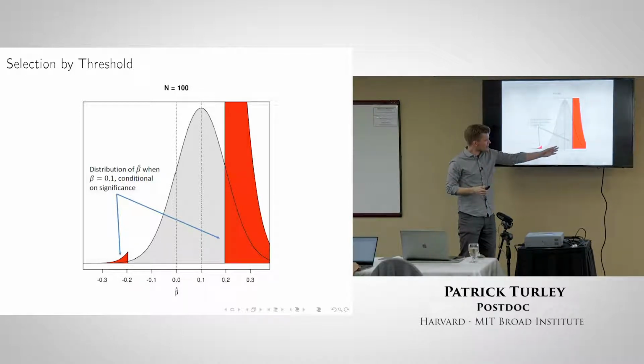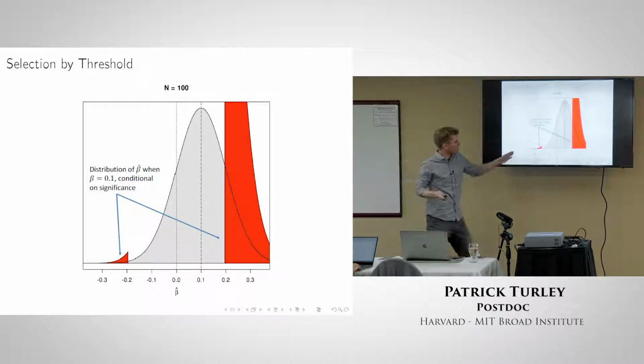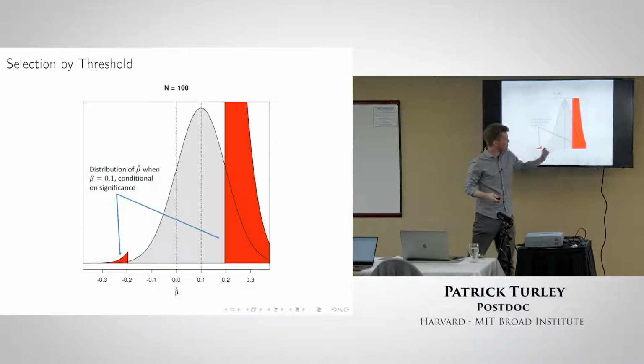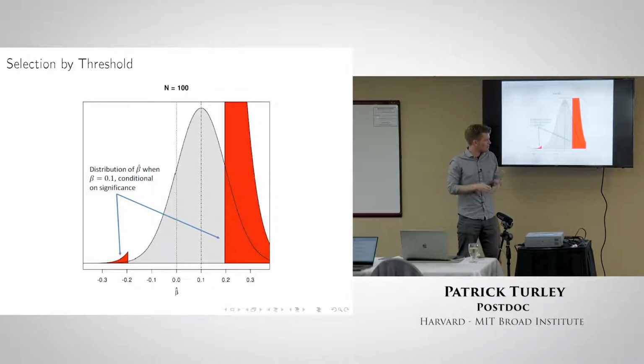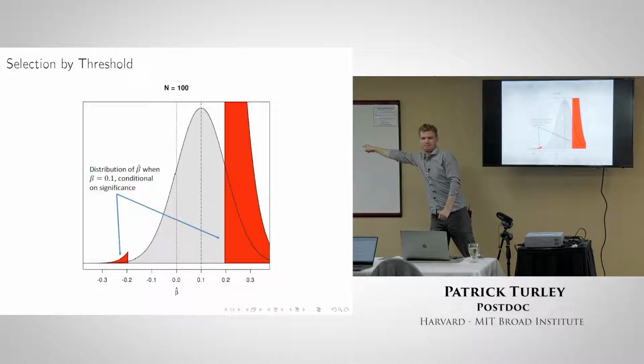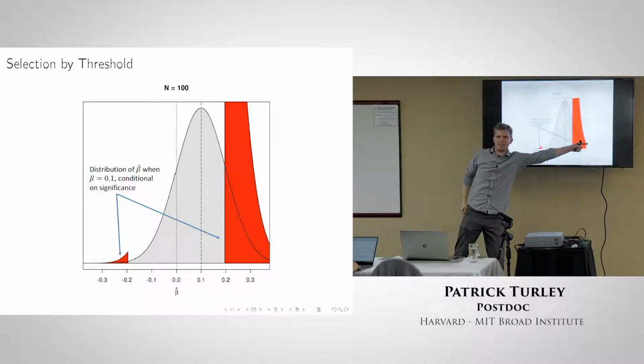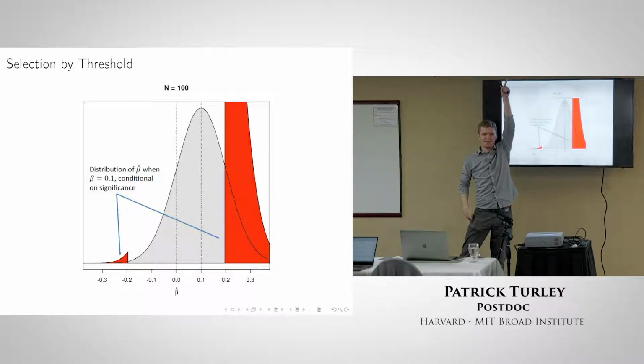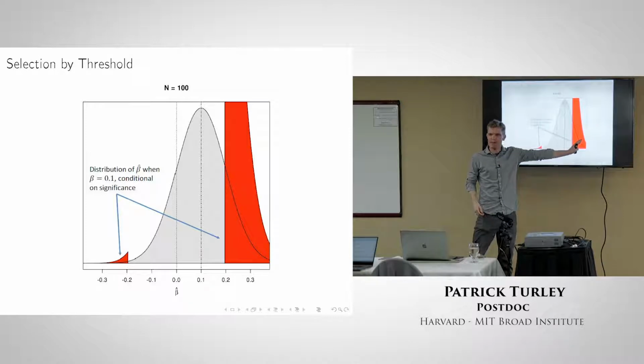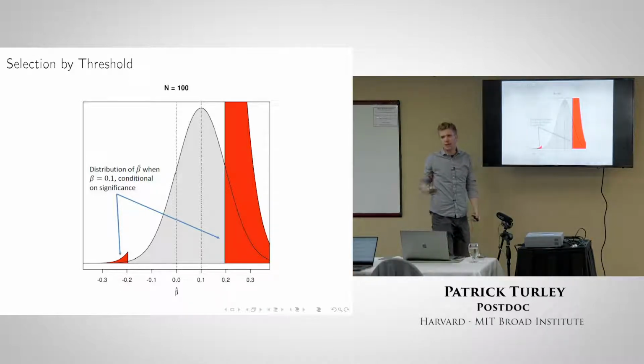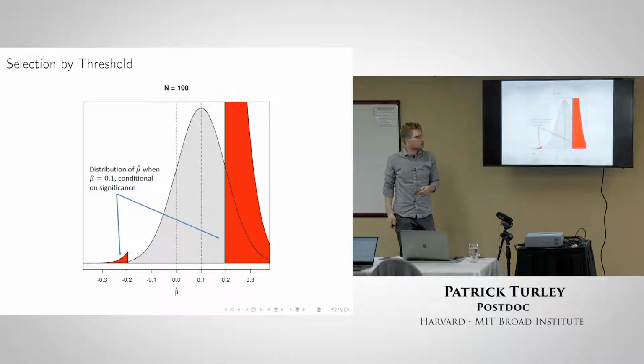But you can see what the mean of a random variable with a distribution like this is going to be. Who thinks the mean is going to go this way? Who thinks it's going to go that way? Yeah, most of you. Who thinks it's going up? Okay, but you're right. You can see there's so much mass over here that it is going to drive our mean to the left. That's the source of the bias from winner's curse.